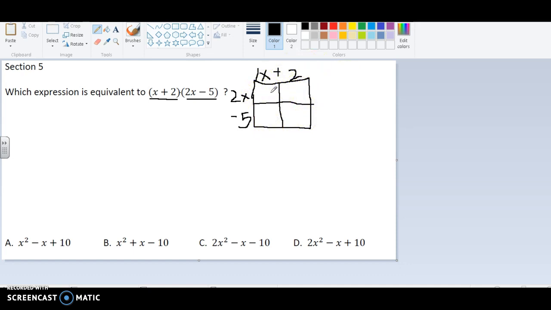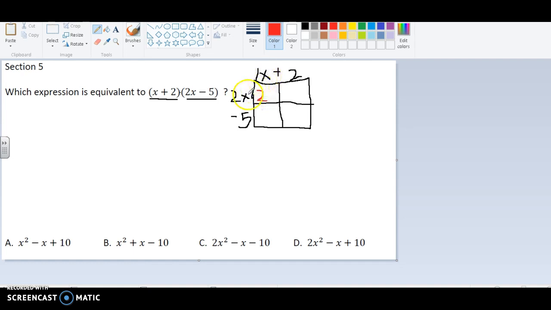Kind of like you do a Punnett square in biology, you're just going to look at the top of that particular box and the side of that particular box and multiply those things together. So let's do red. Inside the first box, I'm going to multiply the 2 and the 1. So 2 times 1 is 2.